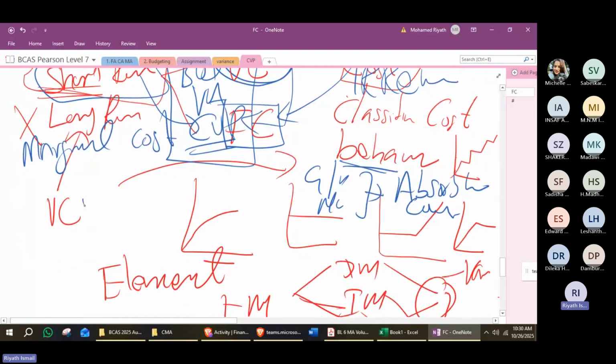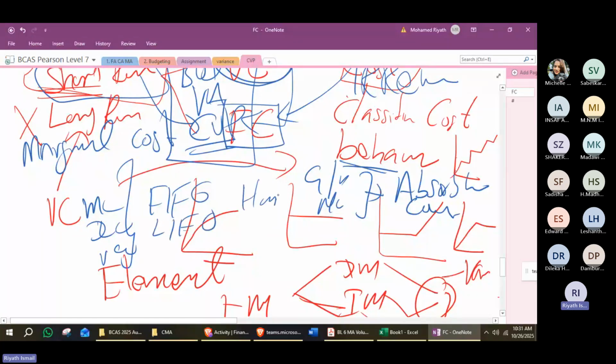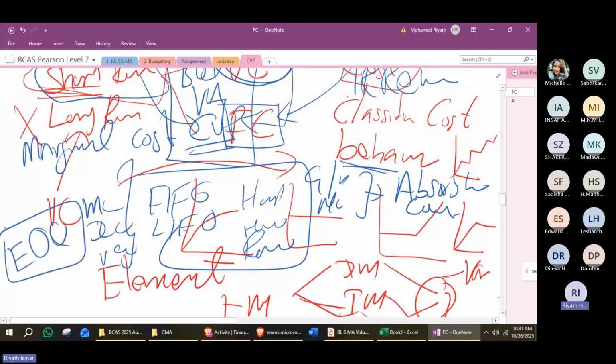Determining material cost, labor cost, and overhead cost, say FIFO, LIFO, Halsey, Rowan, and EOQ, economic order quantity: these kinds of terms are related to cost accounting.